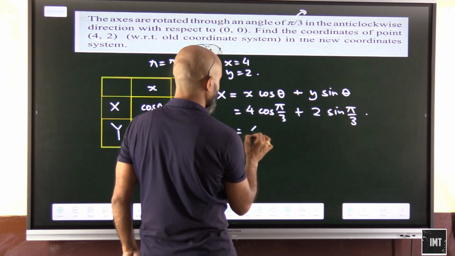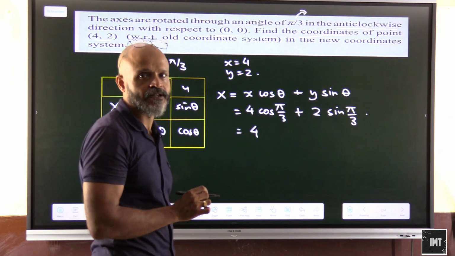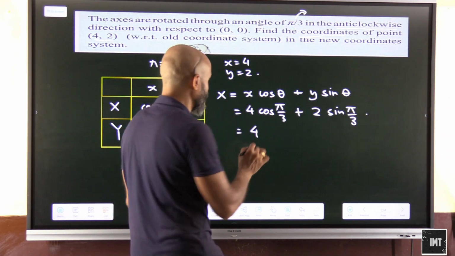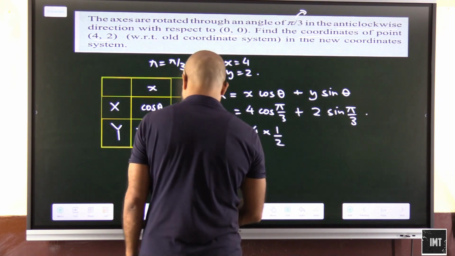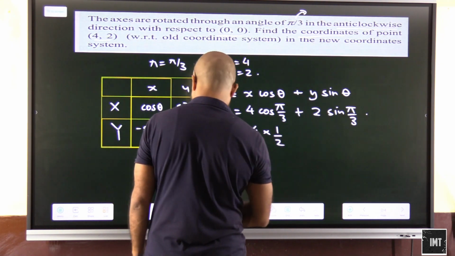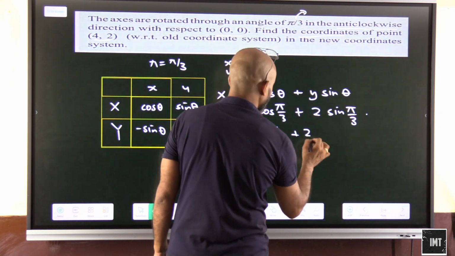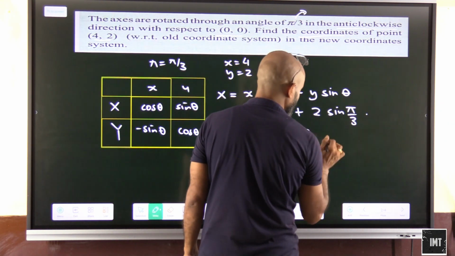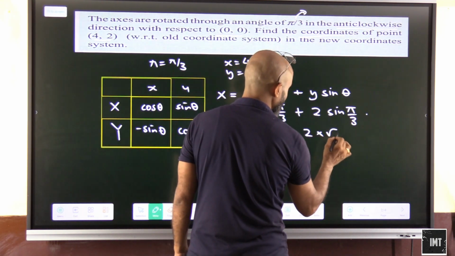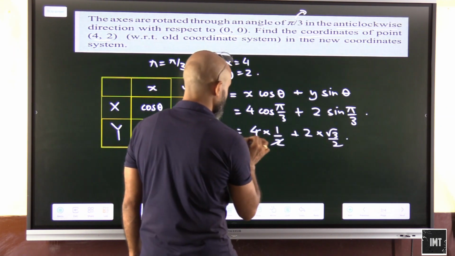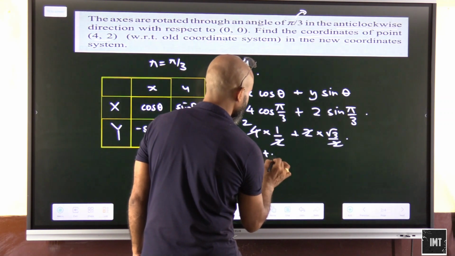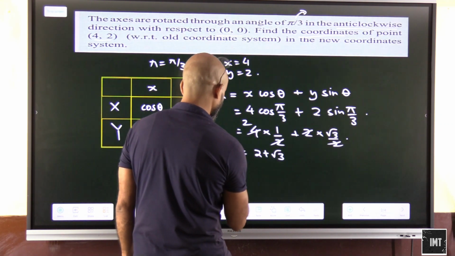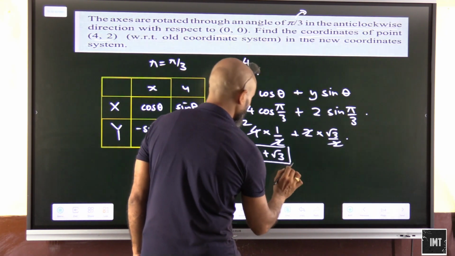Cos pi by 3, that is cos 60, we know is 1 by 2, and 2 sin pi by 3, sin 60 will be root 3 by 2. So this is 2 and this is root 3. So capital X will have a value of 2 plus root 3.